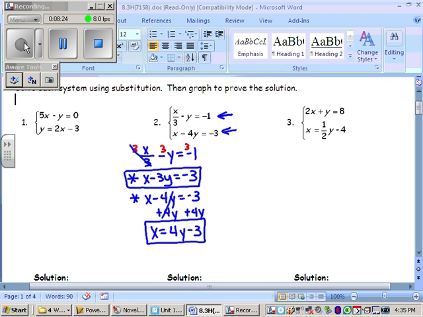So because x is equal to the expression 4y minus 3, we can plug that in for the x in the first equation because they are equal. And when we do that, it will eliminate the x's in the first equation, leaving us with only y's. So let's go ahead and do that to the right of the line.